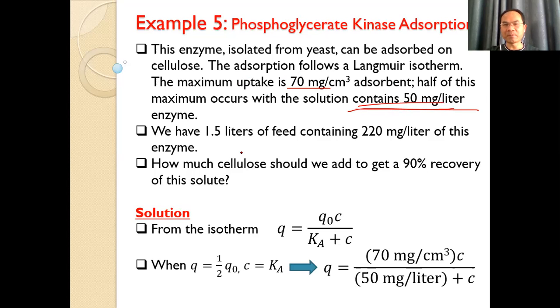We have 1.5 liter of feed containing 220 milligram per liter of enzyme. The question is how much cellulose should we add to get 90% recovery of the solute. In conclusion, for this problem we use cellulose to adsorb kinase. We know Q0, we know Ka.